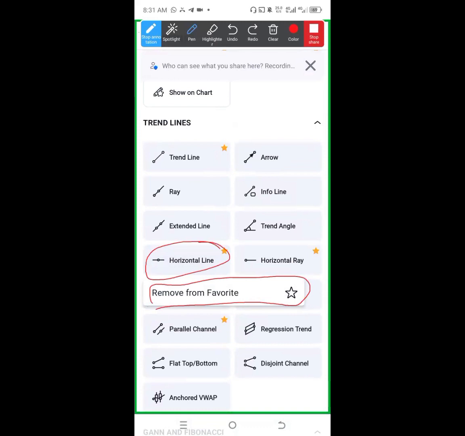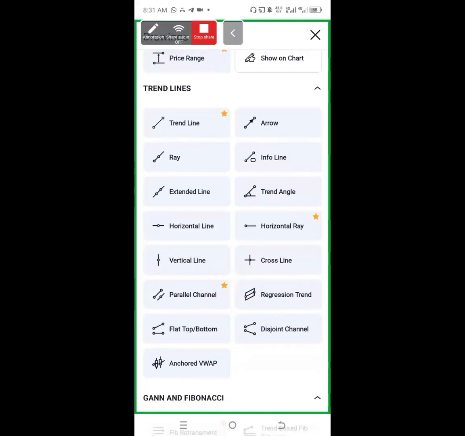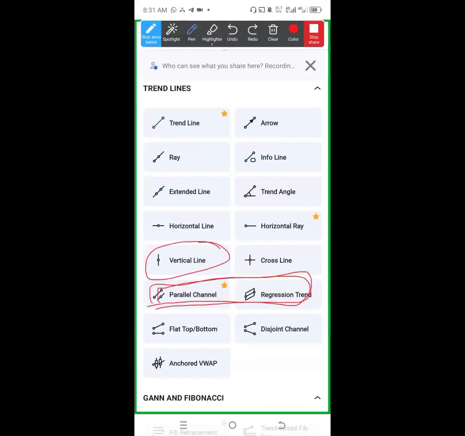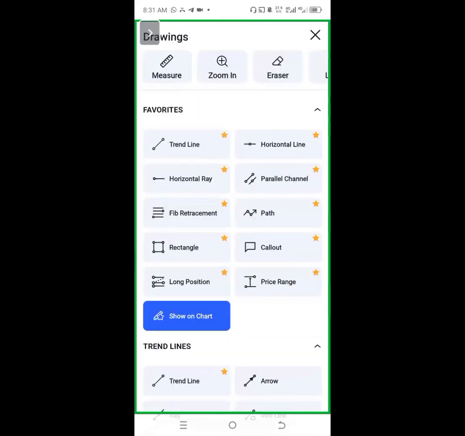I'm not interested in removing because it is already on my favorite list. But if you wanted to remove, you just tap on it and remove. If you want to add it back, just long press, and it will ask you to add to favorite, tap on it again, and it will be there on your favorite.